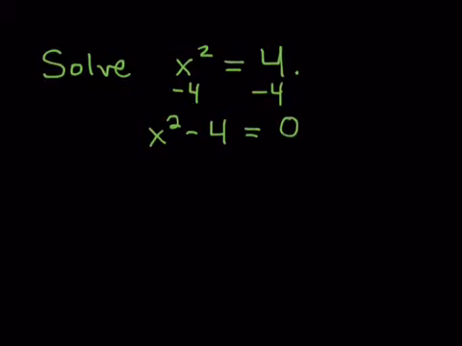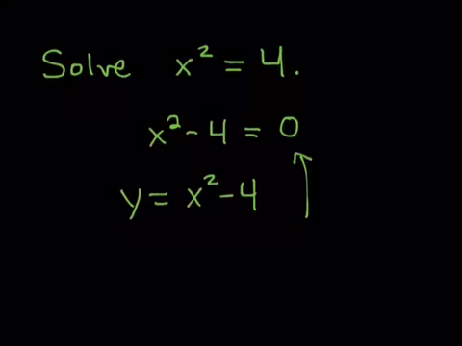So the connection to parabolas is that solving x squared equals 4 is the same thing as looking for the x-intercepts of x squared minus 4. In other words, I want to know, if I look at the parabola y equals x squared minus 4, where does it cross the x-axis? Where is that y value 0?